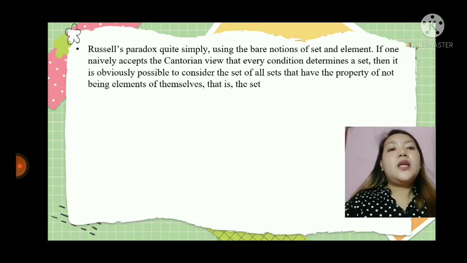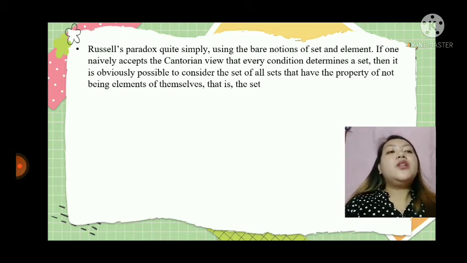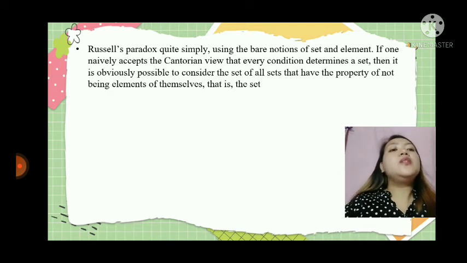Russell's paradox is quite simple, using only the bare notions of set and element. If one naively accepts the Cantorian view that every condition determines a set, then it is obviously possible to consider the set of all sets that have the property of not being elements of themselves.